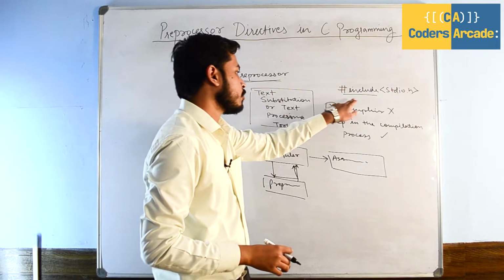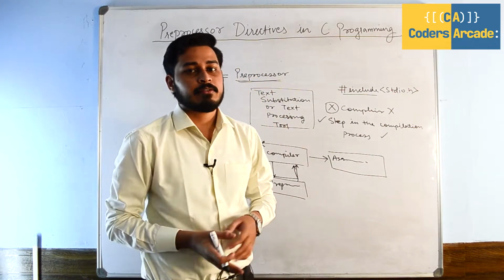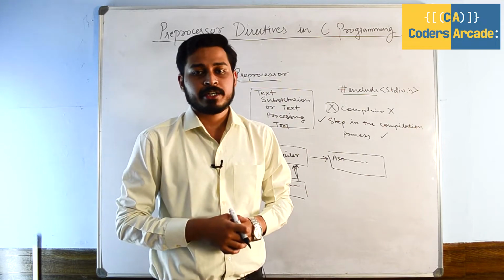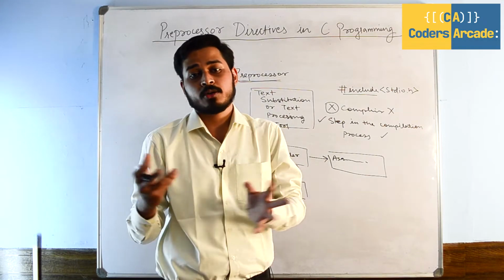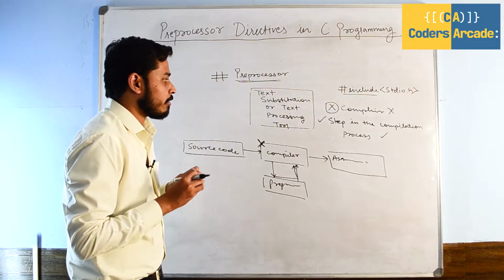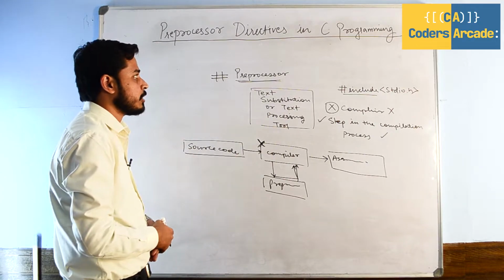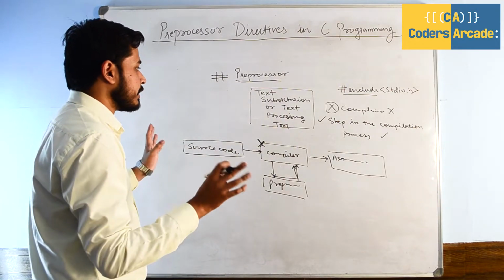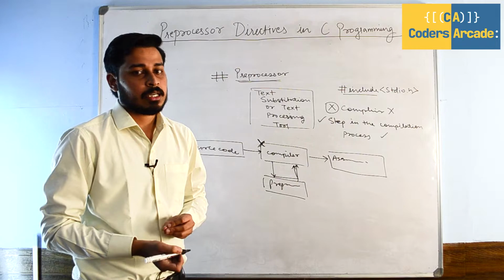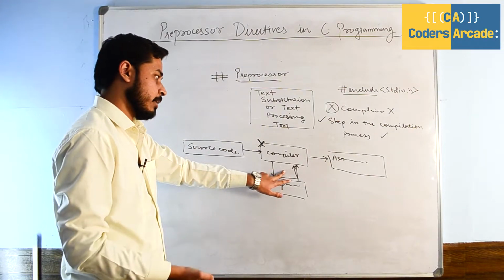So hash include stdio.h. Now there are so many more, like hash include stdlib.h, hash include process.h, or hash include math.h. So there are many preprocessor directives. This is the basic definition of preprocessor. Basically, it is a program that is used to preprocess the source code before that source code gets compiled by the compiler.